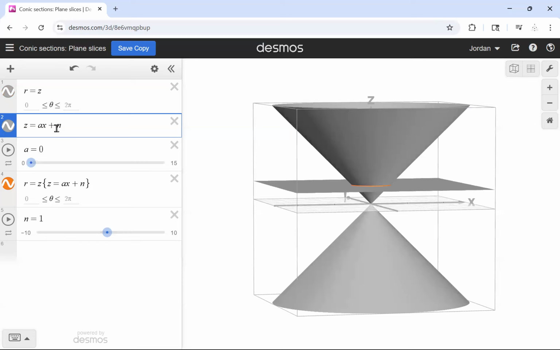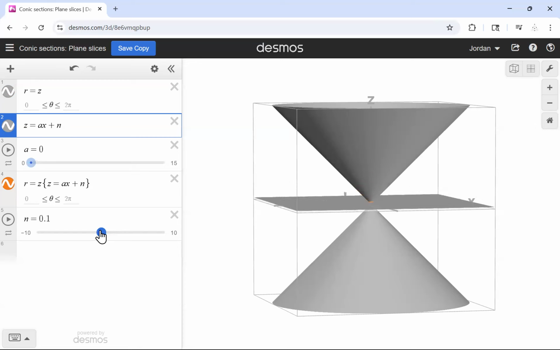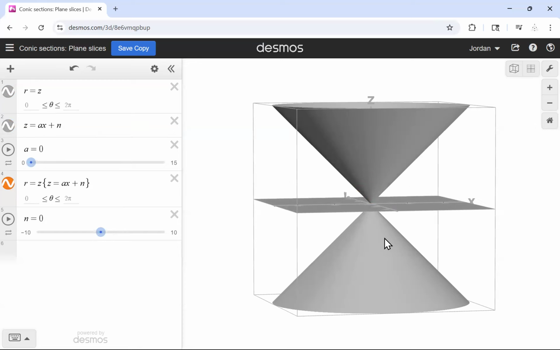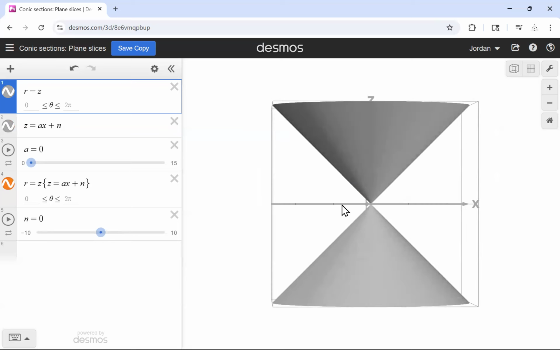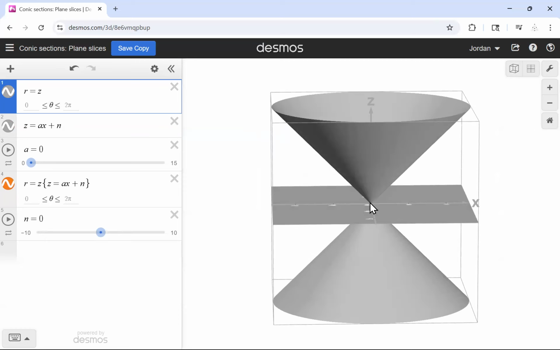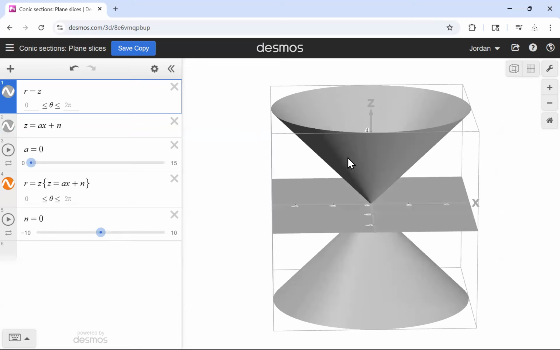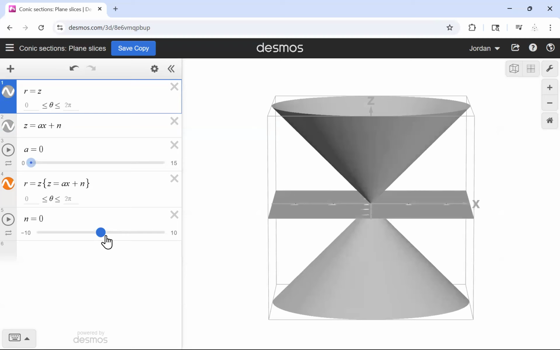Now I do want to state this. There are trivial conic sections. The trivial conic sections are when the plane passes through that singular point. So if the plane passes through that singular point, then the intersection of the cone and the plane is just that singular point.